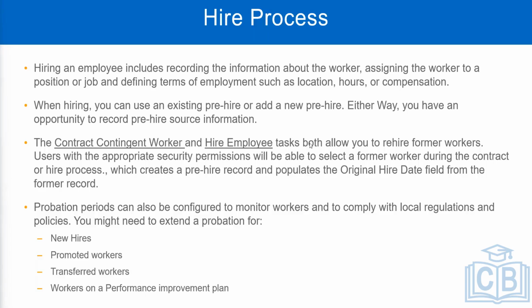Both of these tasks will allow you to rehire former workers. Users with the appropriate security permissions will be able to select a former worker during the contract or hire process. Not everybody will be able to contract a contingent worker or hire an employee for a former worker. To rehire former workers, there are sometimes some legal implications.